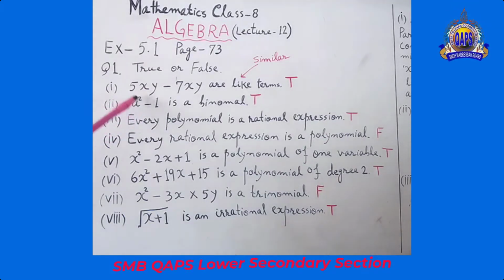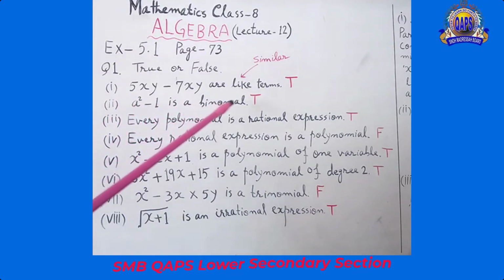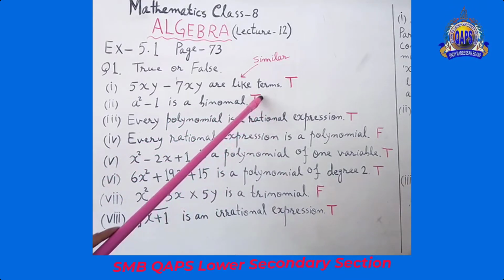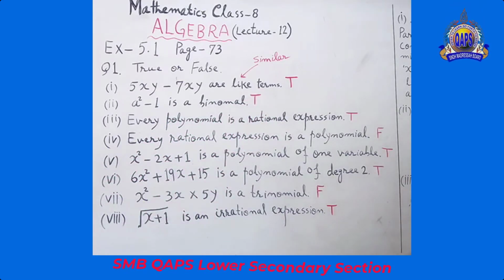Number 2, a square minus 1 is a binomial. Answer true. Why? Why true? I'm telling you that. See, if you are talking about polynomials, we have 3 types of polynomials.